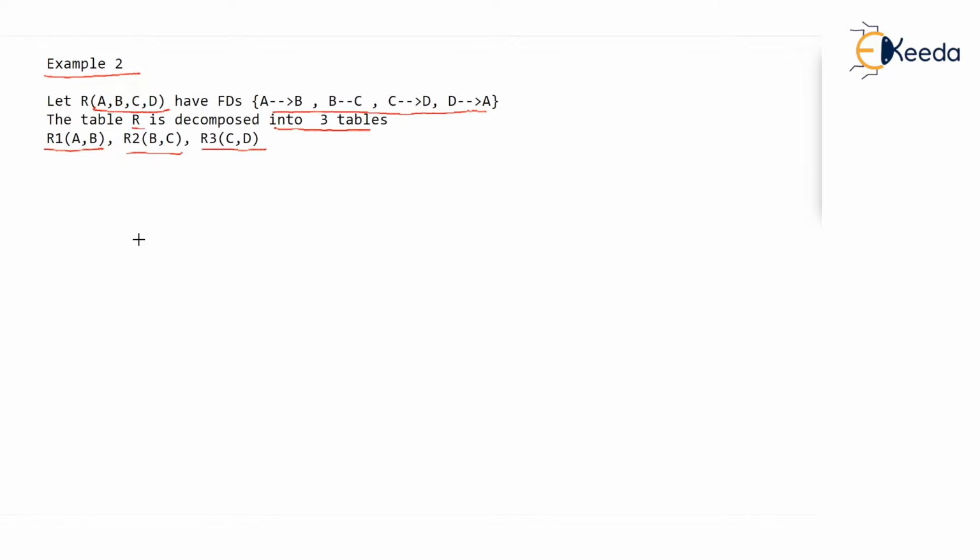Now, what might have happened is that if R1 has AB, R2 has BC and R3 has CD, then the original table is R(ABCD).